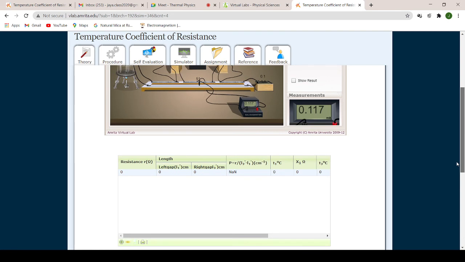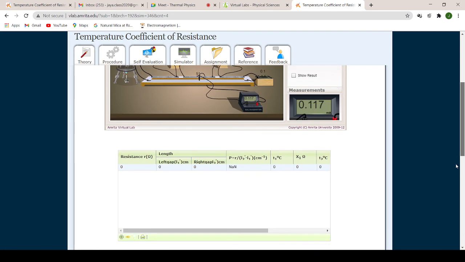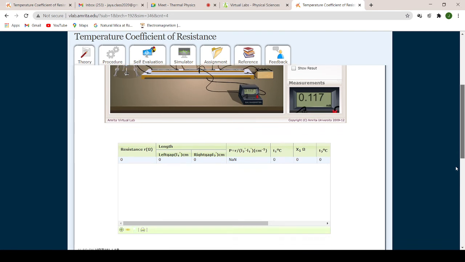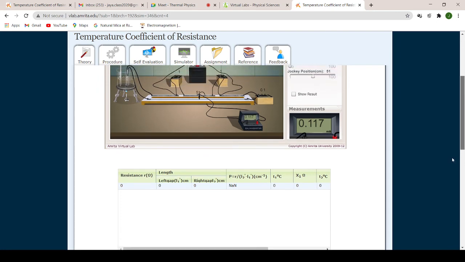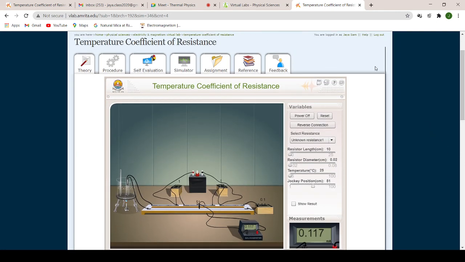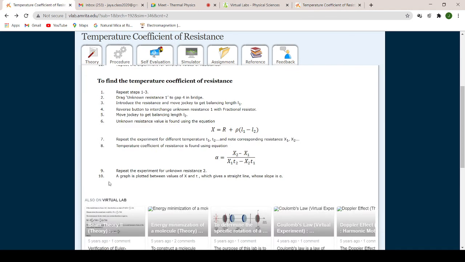If you go down here, I think you can check the tabular column over there. This is not showing exactly. Okay, let us see here. Right. So now based on the values of L1 and L2, you will find out what is the unknown resistance value. X is equal to R plus rho into L1 minus L2. What is R here?